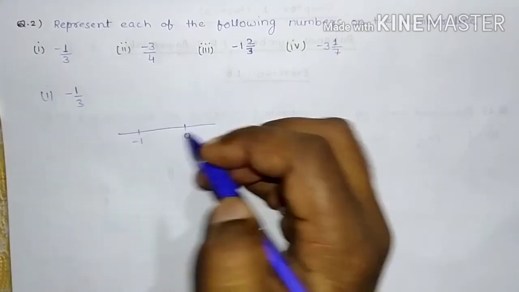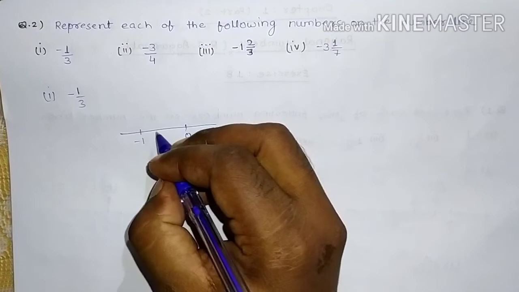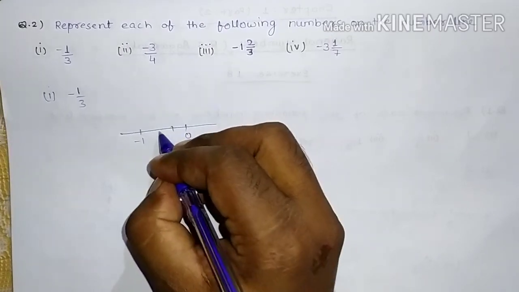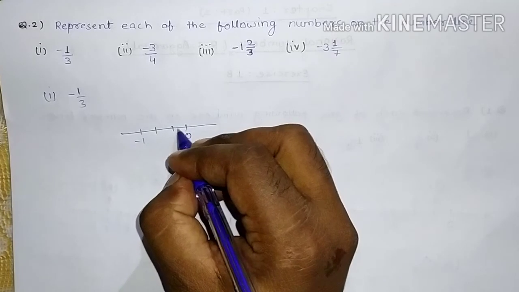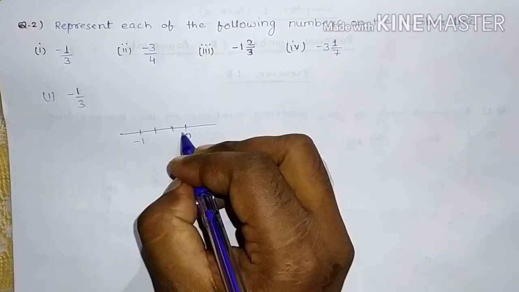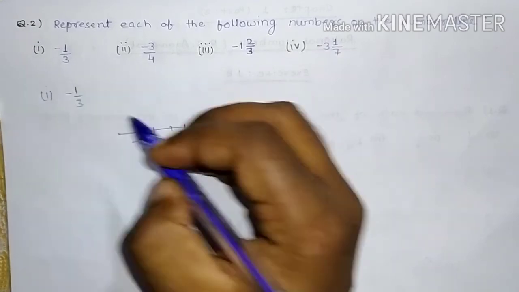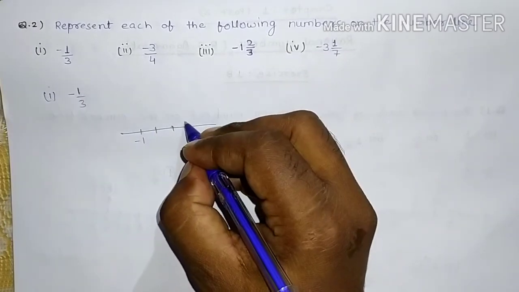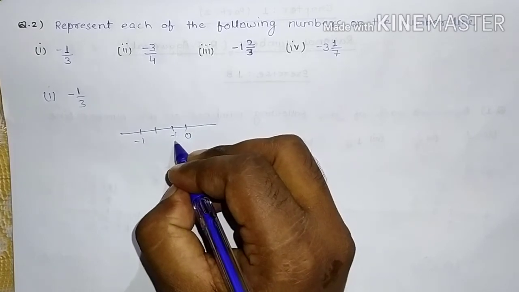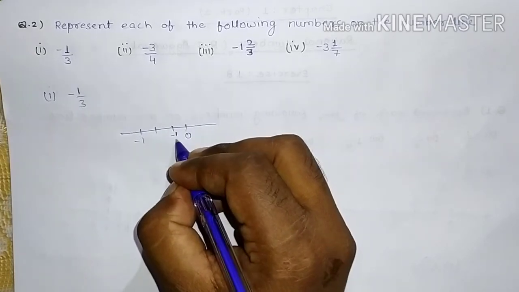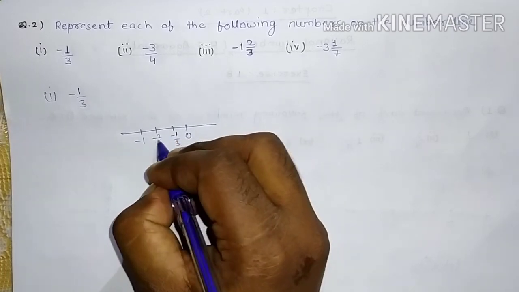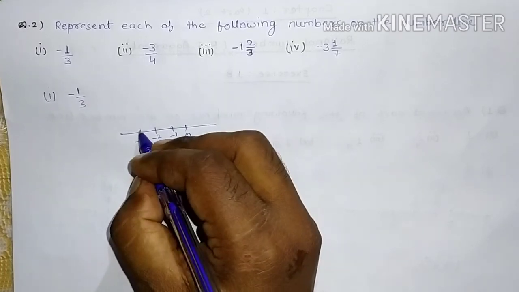The denominator is 3 here, so just divide 0 to 1 into 3 parts. So this is the first part, this is the second part, this is the third part. So there are 3 parts. Now the numerator is 1 here, so just move from 0. This is -1 by 3, and this is -2 by 3, and this is -3 by 3.